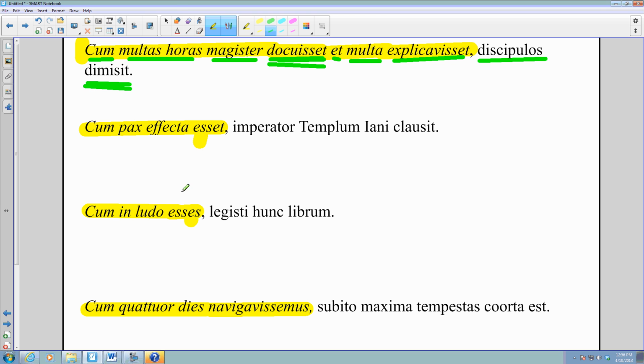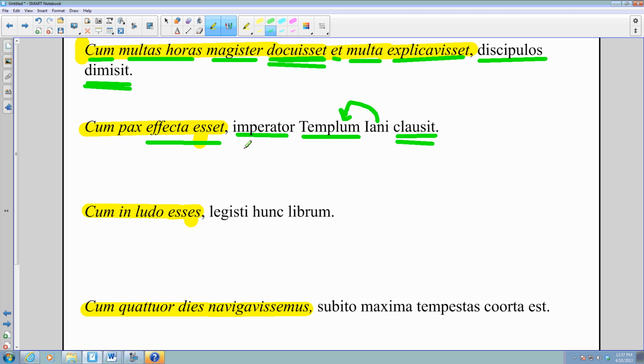This next guy right here, again, I have a pluperfect subjunctive. I'm going to go to the second half of the sentence first. I have the subject, the emperor, closed is my verb. The temple is my direct object. Genitive, the temple of Janus. So the emperor closed the temple of Janus. That is perfect tense. That tells me that my pluperfect has to be translated in the pluperfect tense, because it has to happen before the main verb.